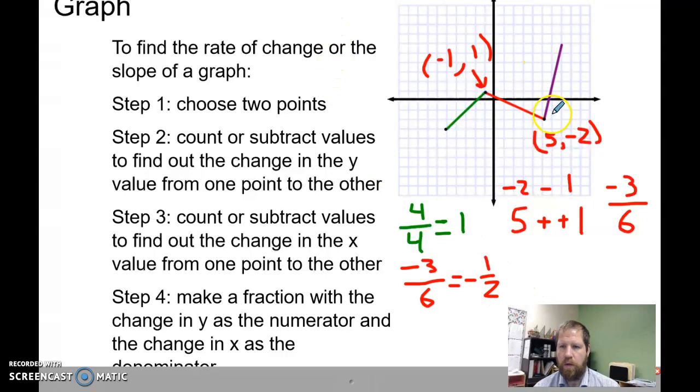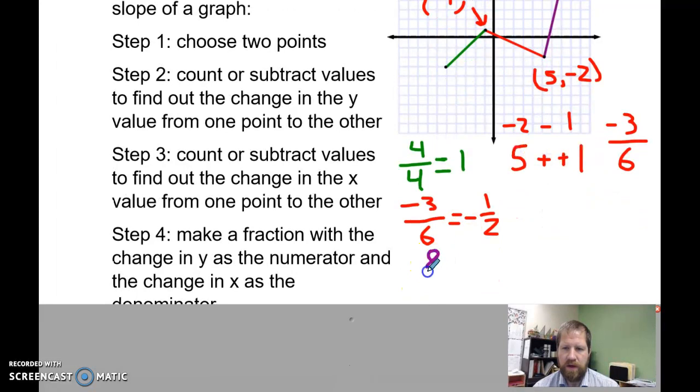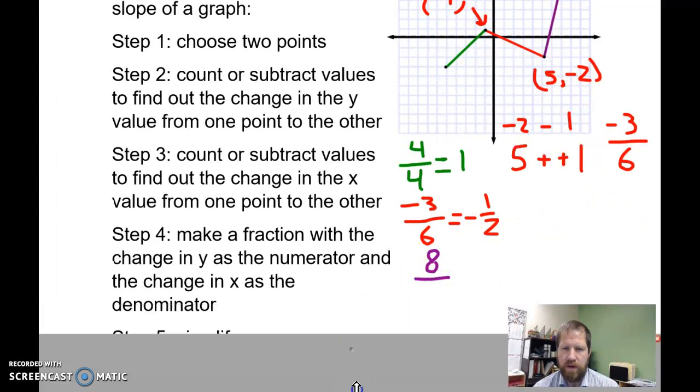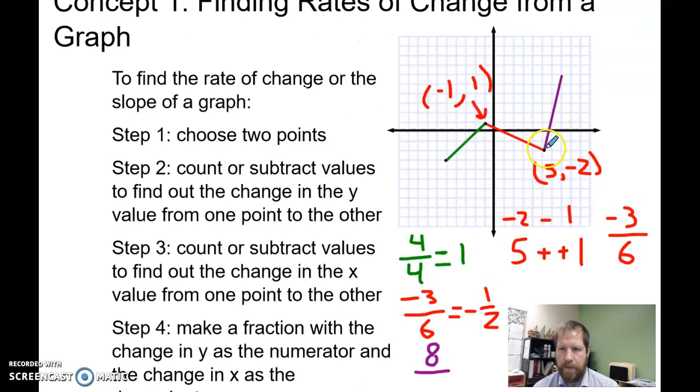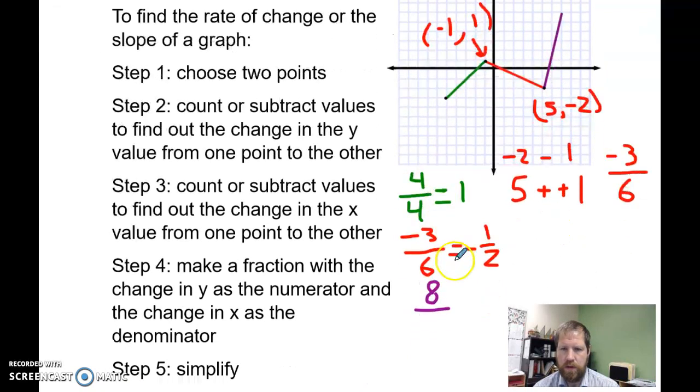One more time, and this one I think we'll count again and go up 1, 2, 3, 4, 5, 6, 7, 8. So we have 8 over 1, 2. So 8 over 2, or we're going to have a slope of 4.